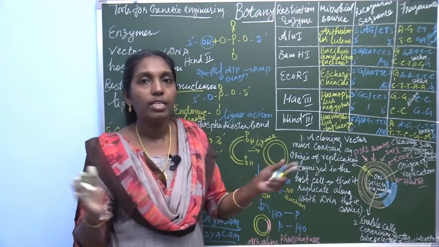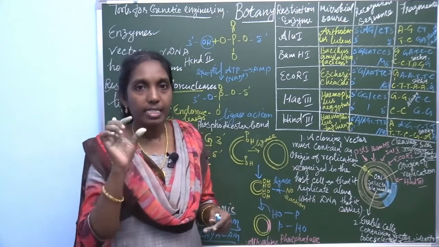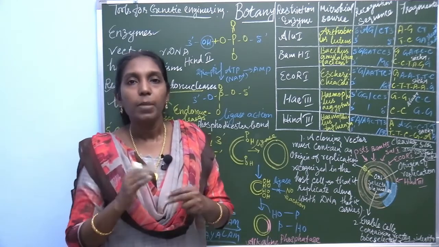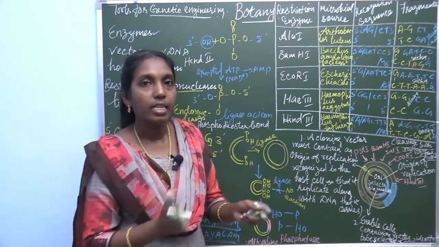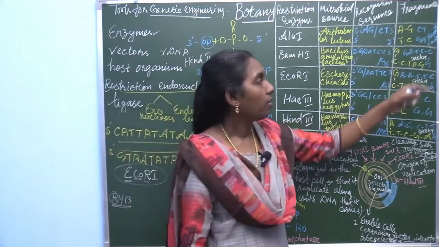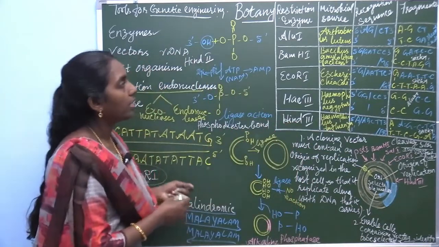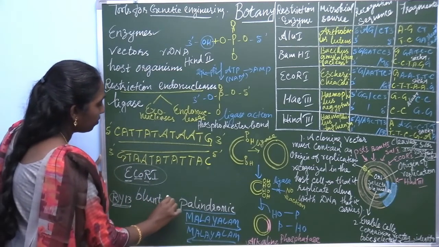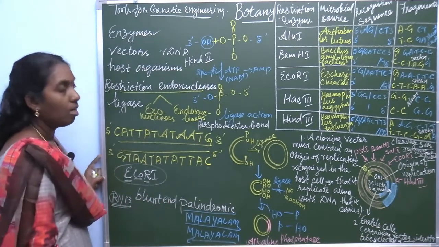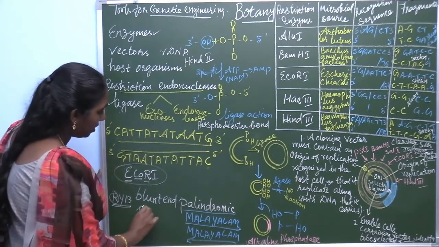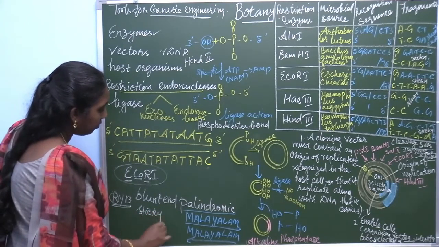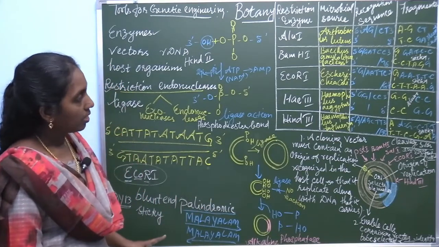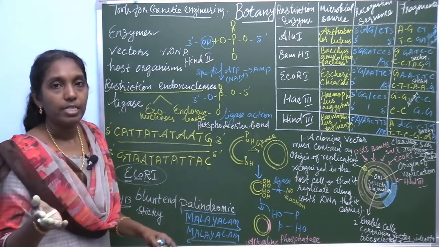According to the cleavage nature, the recognition site is cleaved either at the end or in the center. Based on this cleavage site, it can be divided into two types, either blunt end or sticky end.